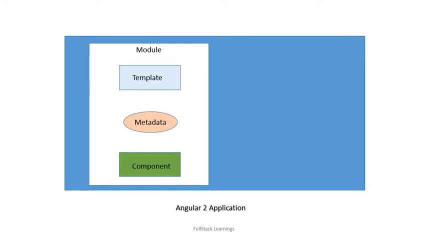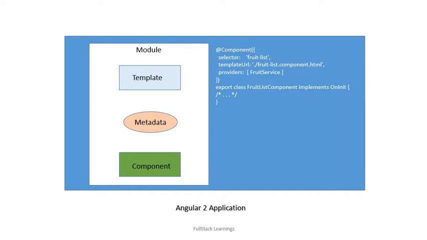And now, metadata. As we all know, metadata is data about data. In Angular 2, metadata tells how to process a class. For instance, look at the code for the fruit list component. You can see that it's just a class. There is no evidence of a framework, no Angular in it at all.